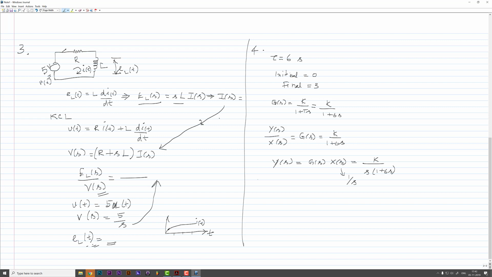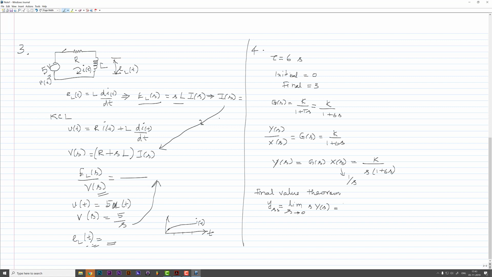Alright. So what does the final value theorem say? You can use the final value theorem. So the steady state or the final value of y is nothing but limit s tends to 0 of s into Y of s.